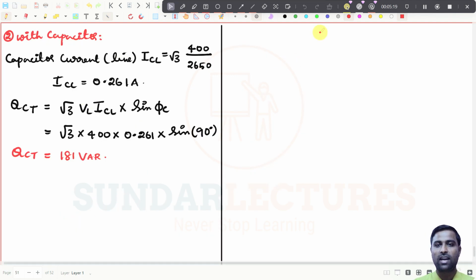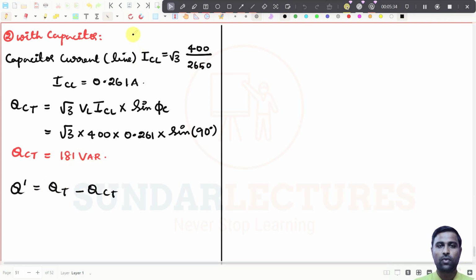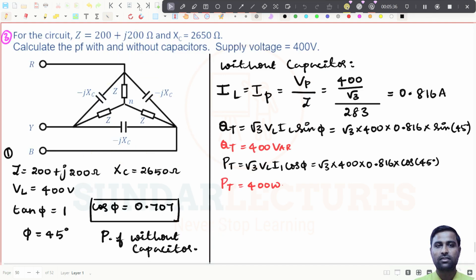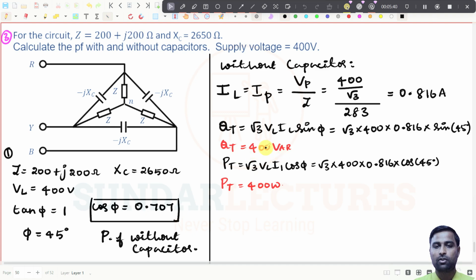So what is the value we will get now? What is the total reactive power? You take it as Q dash is equal to QT minus QCT. If I subtract these two values, because this reactive power will be cancelled, it will be subtracted from the total reactive power.